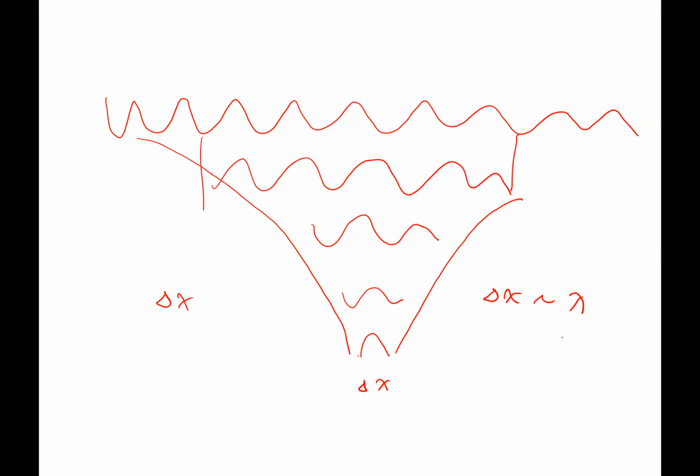So k is basically 2 pi over lambda. So this means that in order for you to have this kind of well-defined momentum, you cannot limit this delta x.